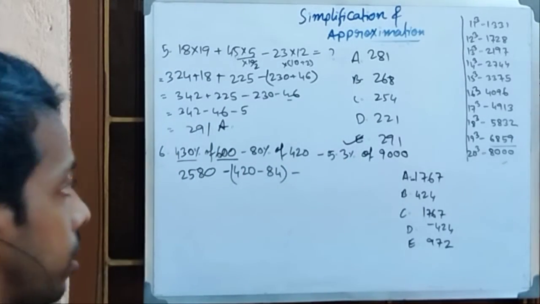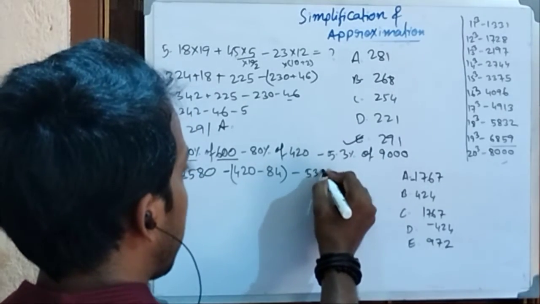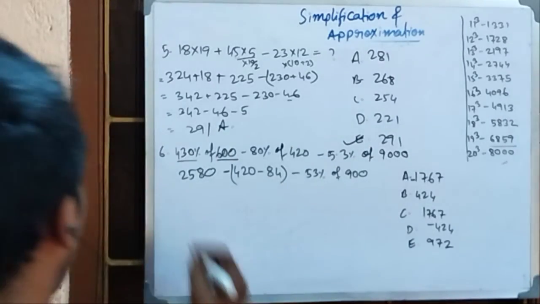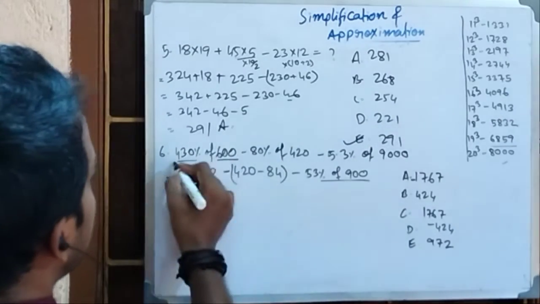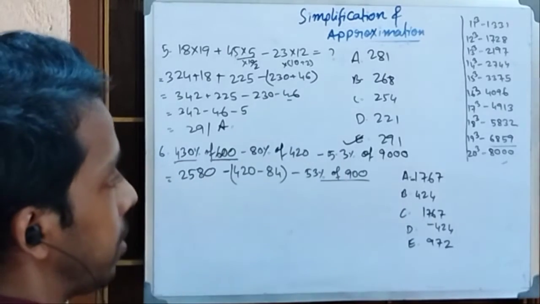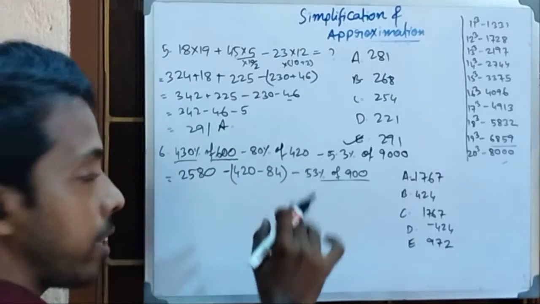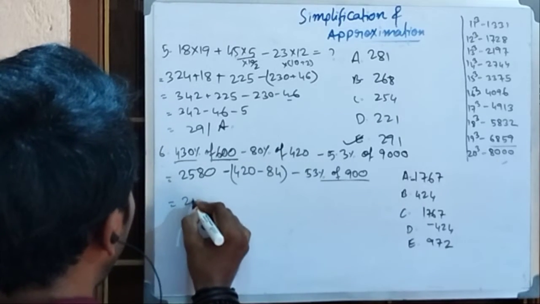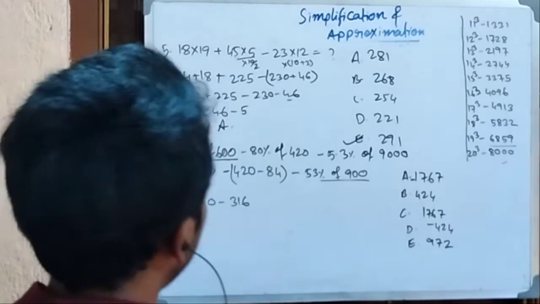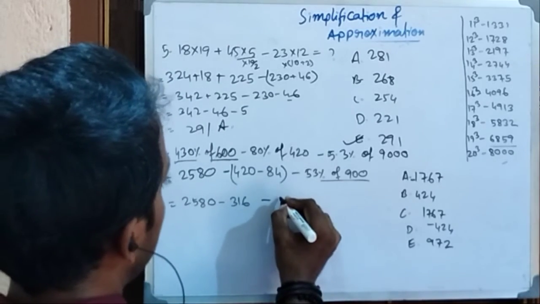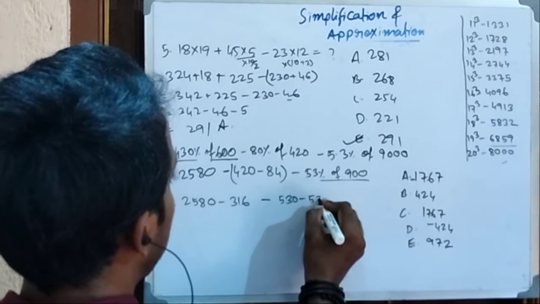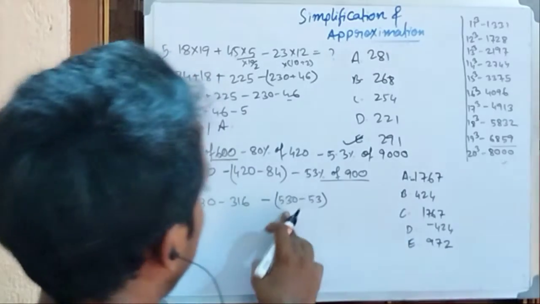Then 5.3% of 9,000. We can also take it like 53% of 900. Yes, sure. Okay. This part is exactly similar. Here 600% of 430. Here I will take 900% of 53. So just multiply 53 by 9. This much is okay. 2580 minus, it will be 316. Okay, minus 53. 53 into 9 means 530 minus 53. Right? Multiplied by 10 minus 1.